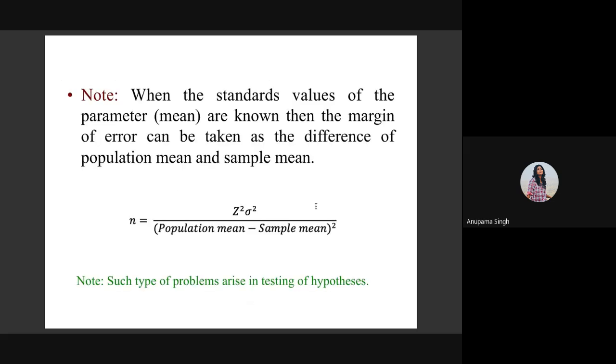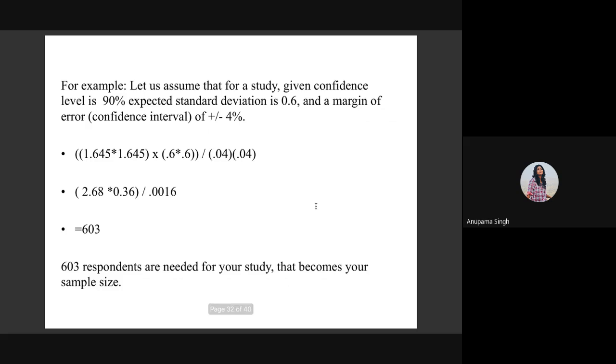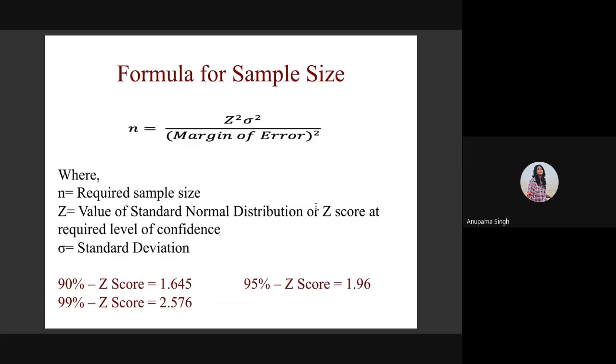Another example. Here we were talking about margin of errors. But in this kind of situation, we had no information about population mean and sample mean. We haven't used it, right? But for example, we want to test some kind of hypothesis.